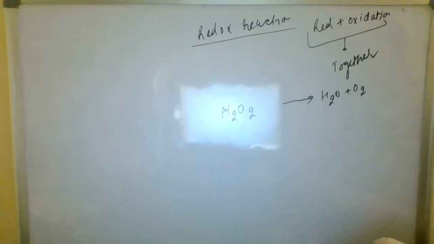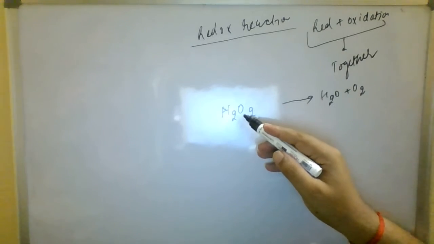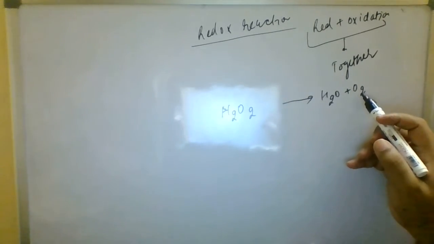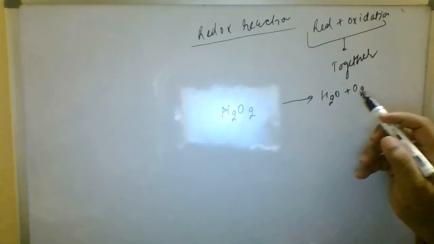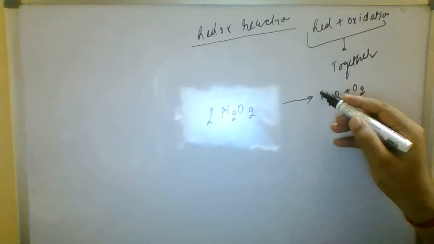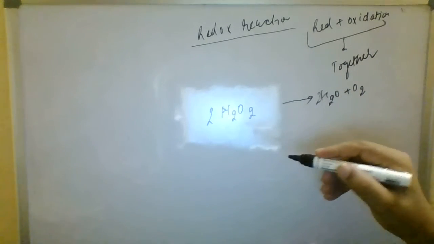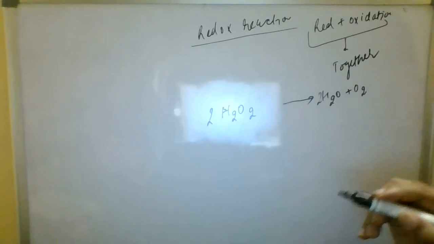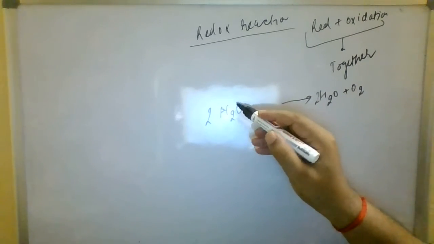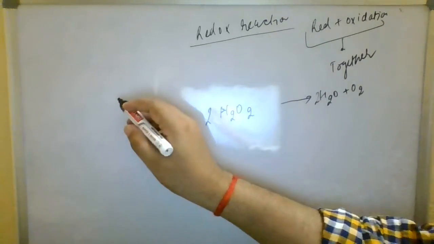See what is happening here: some of the oxygen is getting removed. With the help of oxidation numbers, let me explain. We want to calculate the oxidation number of oxygen in H2O2.